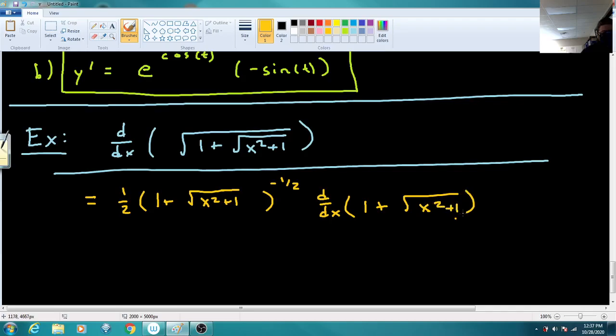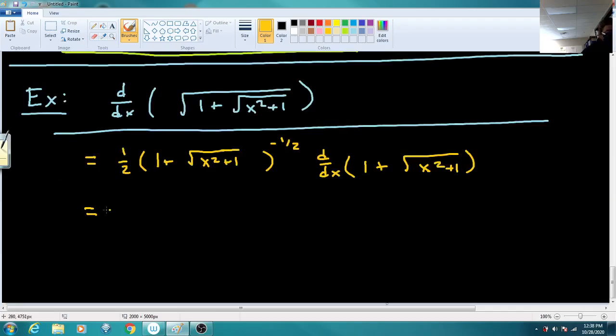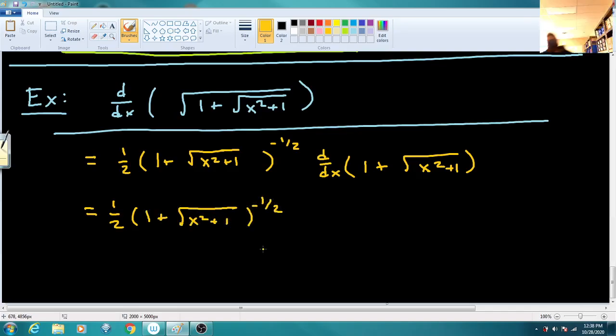And that's going to require the chain rule a second time. So this first block is fixed, it's going to stay. It's the outermost derivative, with the inner part left alone.